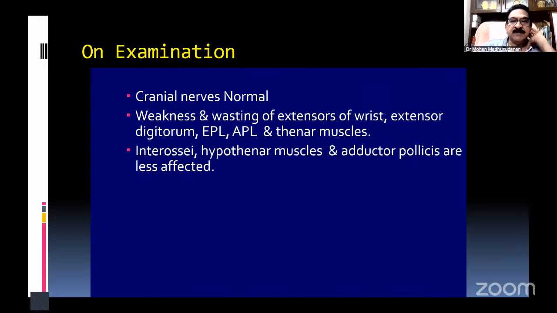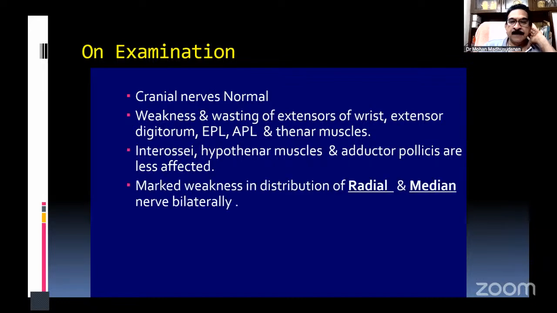However, there was mild weakness of the interossei, hypothenar muscles and adductor pollicis, but they are much less affected compared to the other muscles mentioned. The other muscles are all normal. Proximal muscles, deltoid, biceps and triceps, are all normal. So the distribution was marked weakness in the radial and median nerve distribution bilaterally with mild ulnar nerve involvement. The weakness is asymmetrical, more on the right side compared to the left.